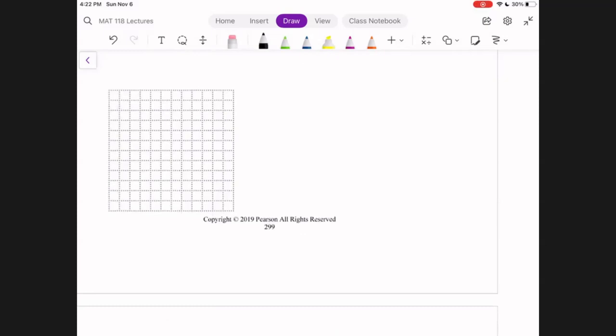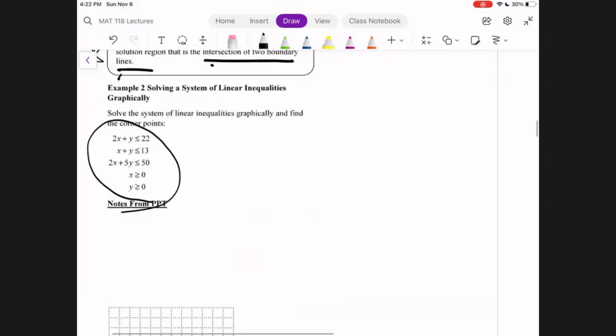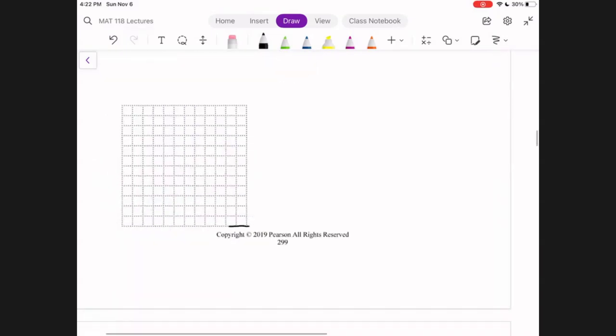So you have this here. Since I know these last two things at the bottom, this tells me that I'm in the first quadrant. So for my graph, I can just say here is the x-axis, here is the y-axis, right?